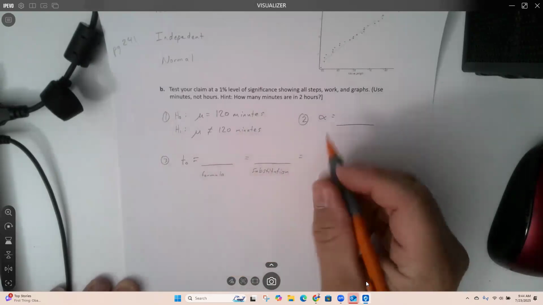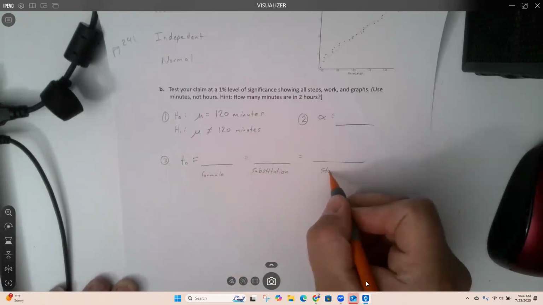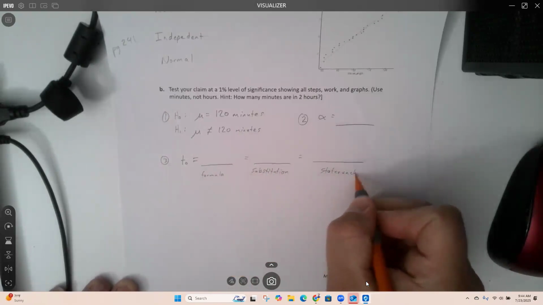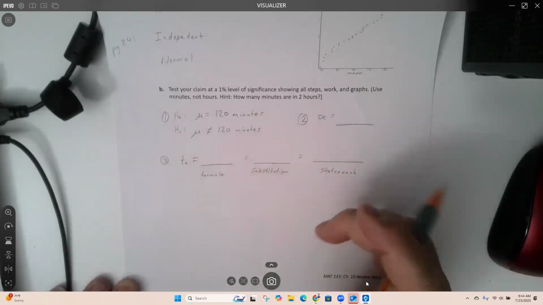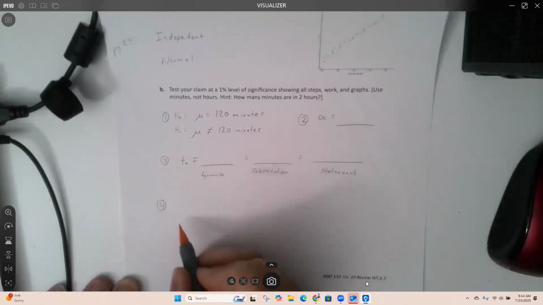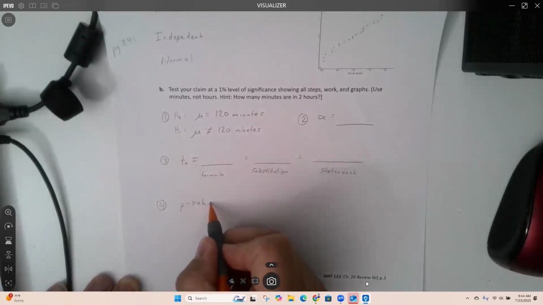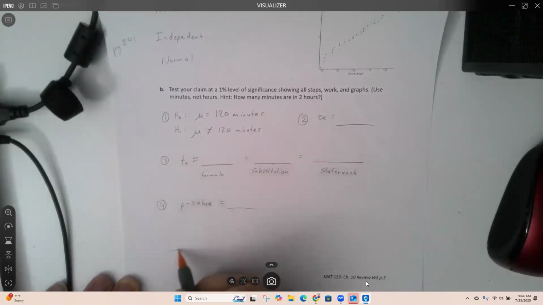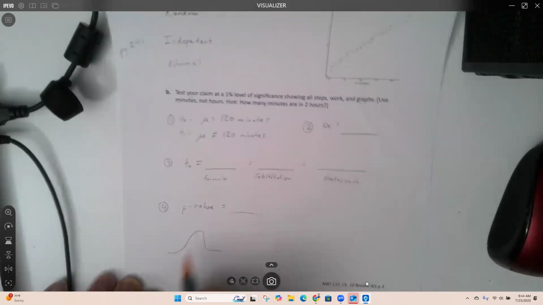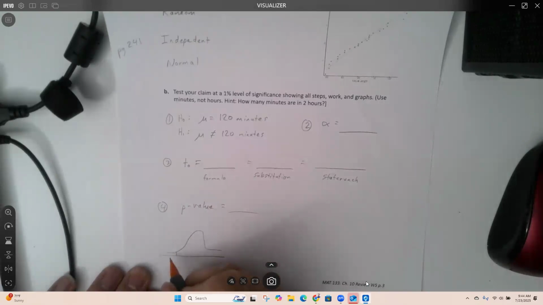And then we do some StatCrunch. Set stack, because that's going to give us our p-value, right? And this is our two-tailed test.